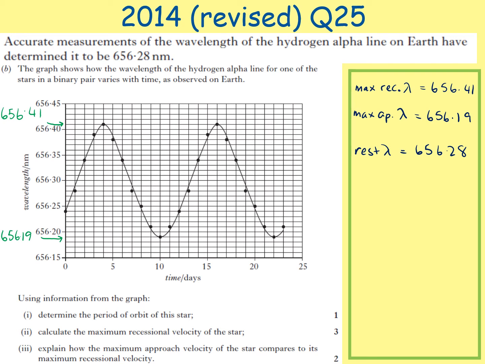Comparing our maximums to our rest, we can see that our maximum approach wavelength has a smaller difference to the rest than the maximum recessional wavelength. So there's a smaller difference between the maximum approach wavelength and the rest wavelength. Therefore, our blue shift, this is relating to approach, is less than our red shift.